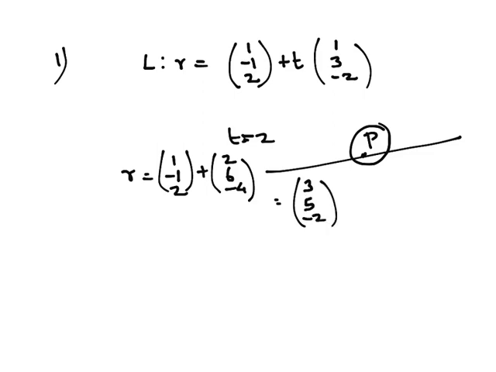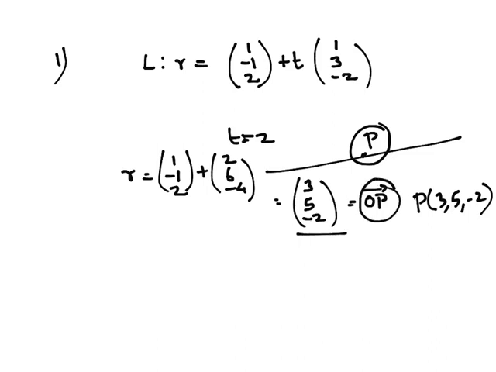So the question is find OP vector. So this is OP vector. But if they ask you to find the coordinates of P, you should write: the coordinates of P are 3, 5, and minus 2. But they are asking you the position vector of P, that is OP vector, that is 3, 5, and minus 2.